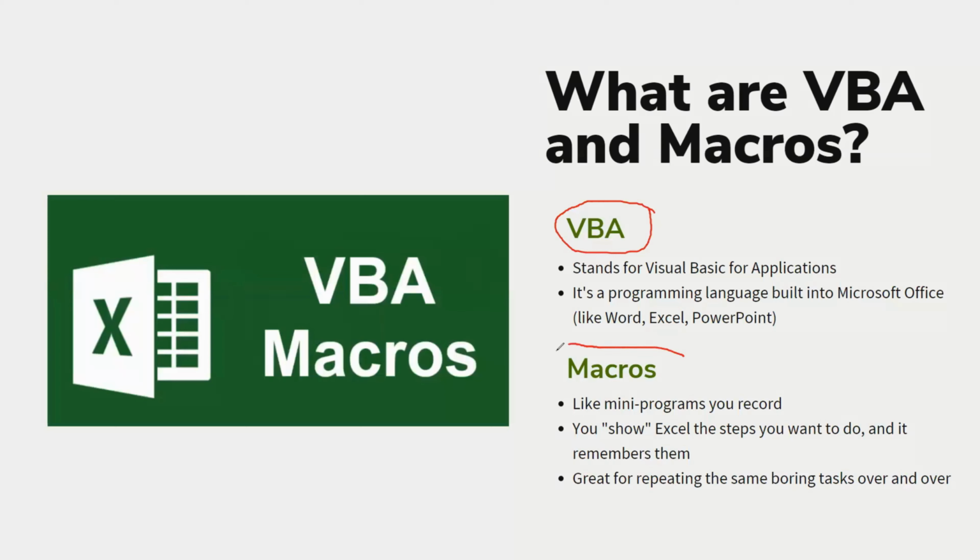Now, if you talk about macros, a macro, in general terms, is a part of VBA. How? Because a macro is like a mini program you record. You show Excel the steps you want to do, and Excel remembers it.